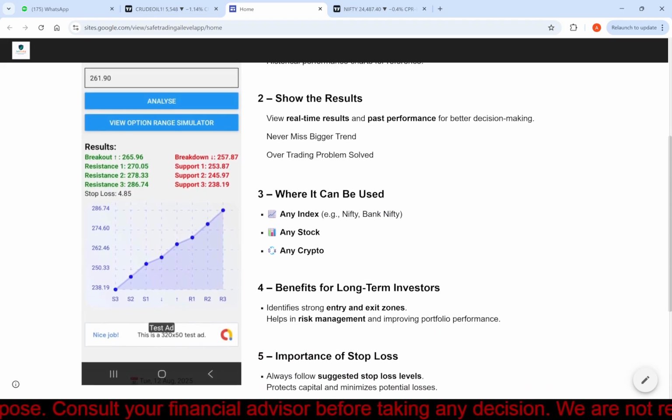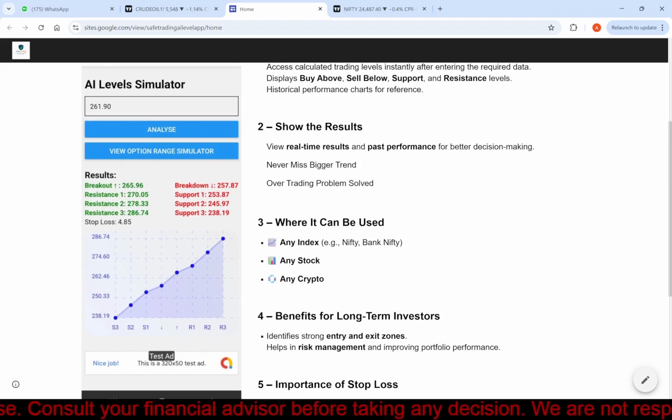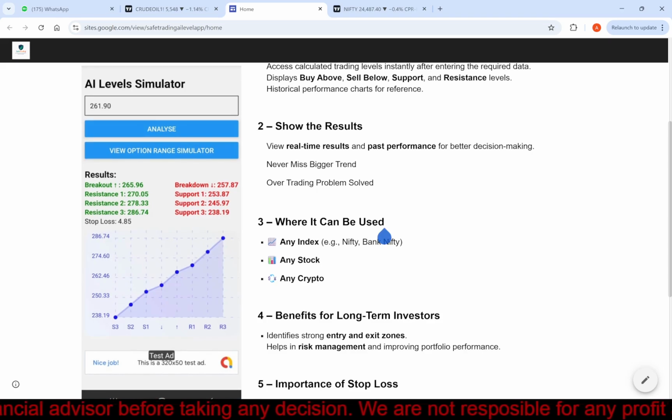Now coming back to the fourth topic: how is this going to help the long-term investor? Among us, many are doing jobs and are not able to track their portfolio, right? But if we talk about the portfolio, we see that not all of the stocks go up. A few go down, a few go up, right?